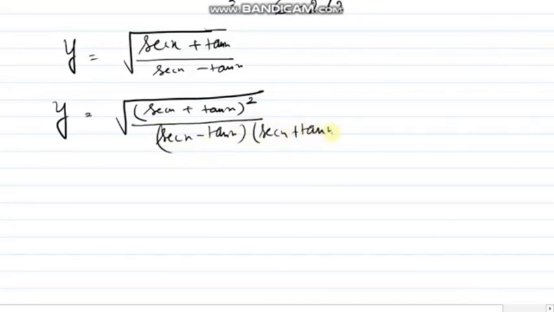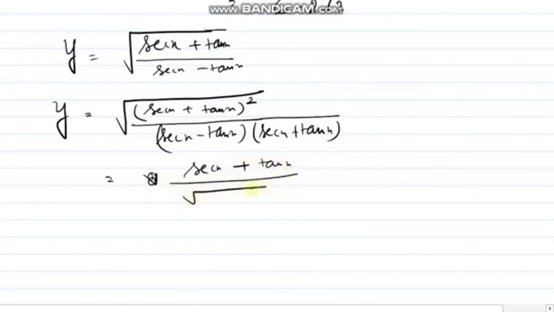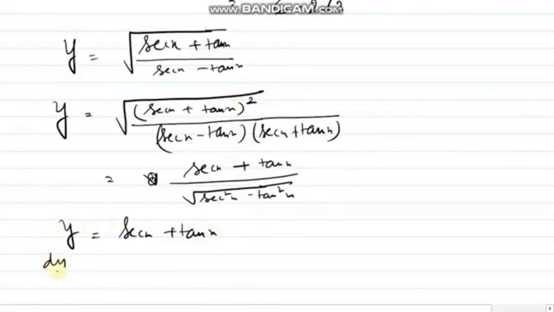If I take out the root, the numerator will be sec x plus tan x only, and the denominator will be root over of sec square x minus tan square x. What is sec square x minus tan square x? That is 1. So ultimately y will become only sec x plus tan x. Just check. So simplification is very much required for this type of sum.